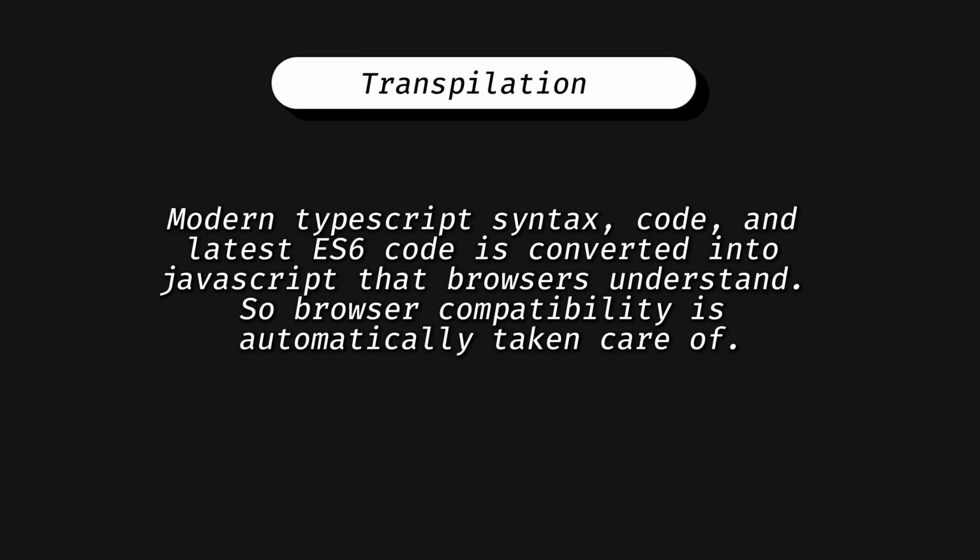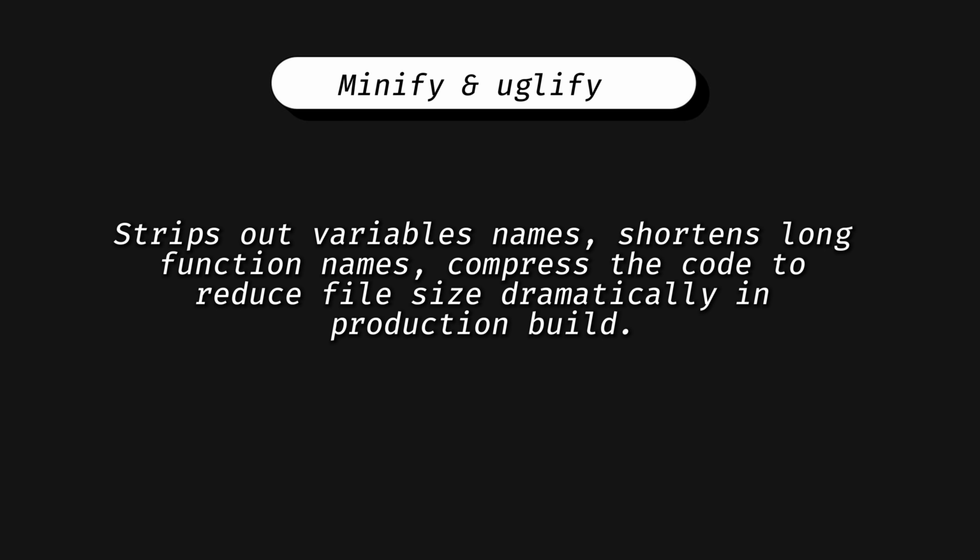The next point is transpilation. It converts our modern TypeScript and the latest JavaScript, ES 2015, 2016, 2017, whatever, down to ES 5 or whatever target we specify, ensuring compatibility across different browsers. The next point is minification and uglification.